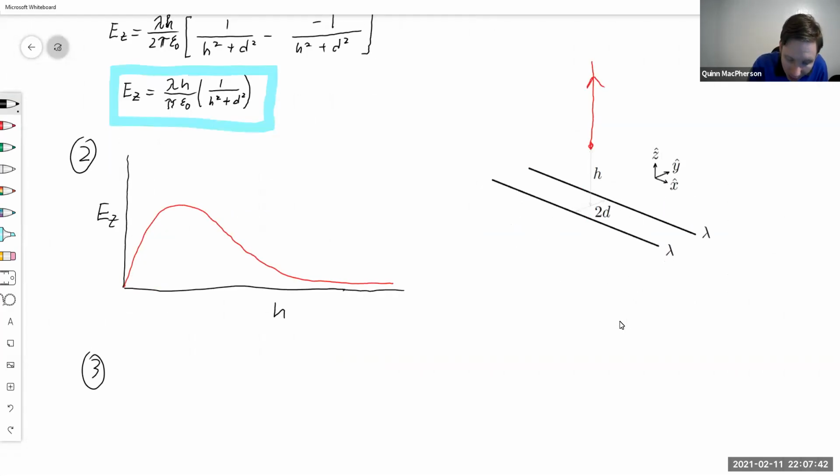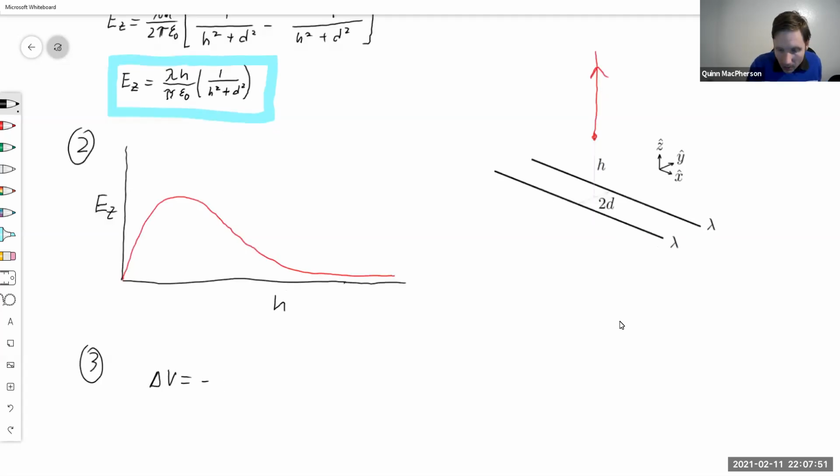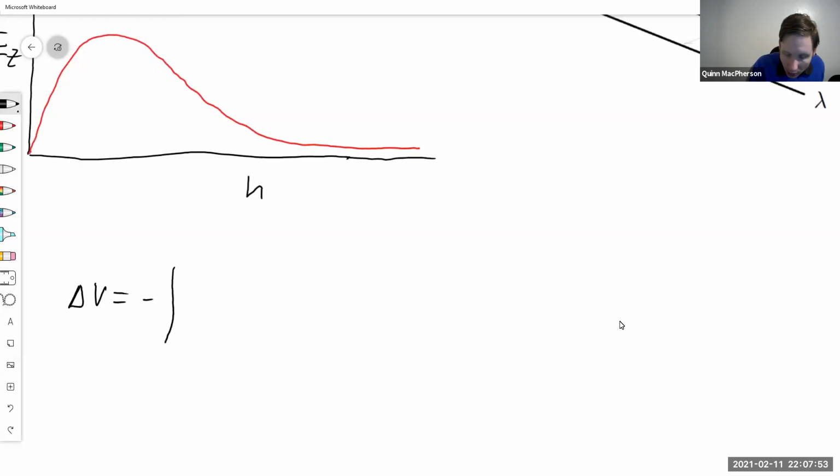For 3, we're going to use the fact that delta V is equal to minus the integral from x initial to x final of E dot ds.